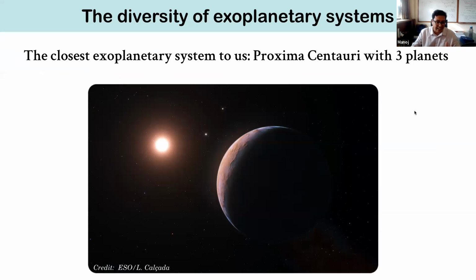This is again an artist's conception. The closest exoplanetary system to us is Proxima Centauri. There are 3 planets, one is disputed, but the 2 for sure are quite close to it, an Earth-like planet, or even smaller in mass than the Earth, orbiting very close to the star.